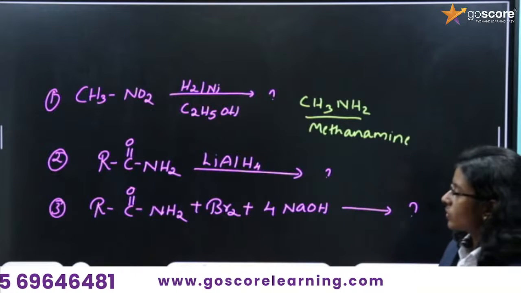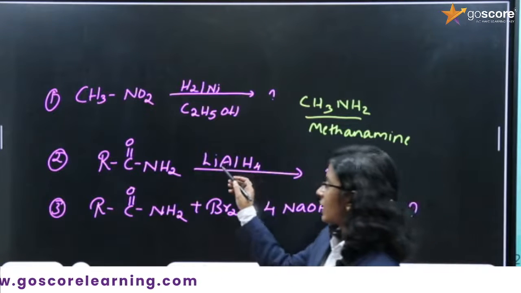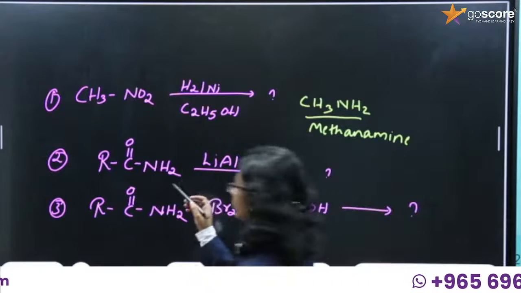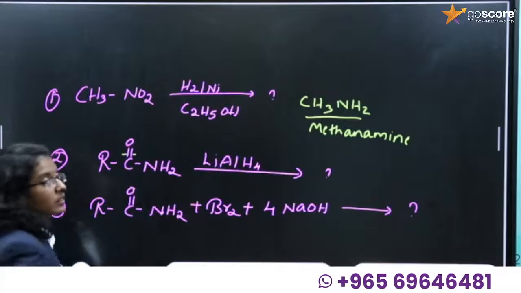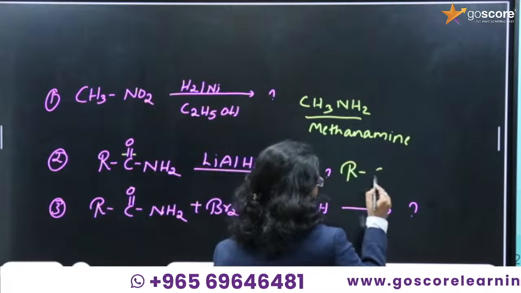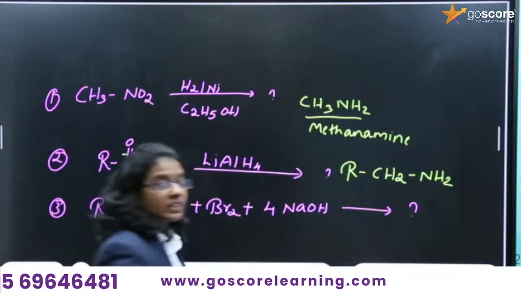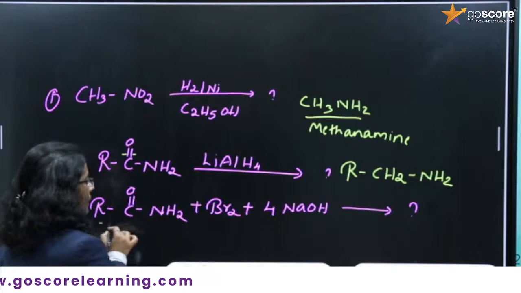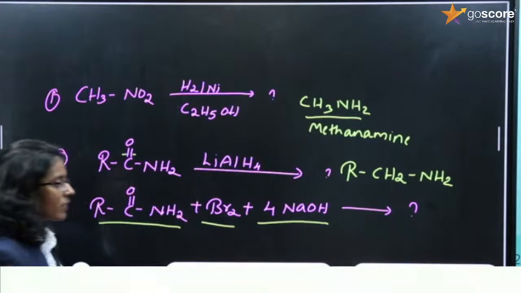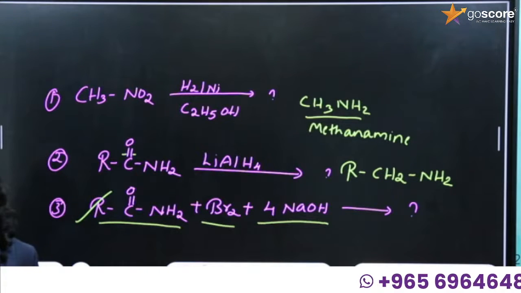So the next one is reduction of amide with LiAlH4. This bond will break and hydrogen will be added there. Then you will get RCH2NH2. Next, amide on treating with bromine in presence of NaOH. Which named reaction is this?